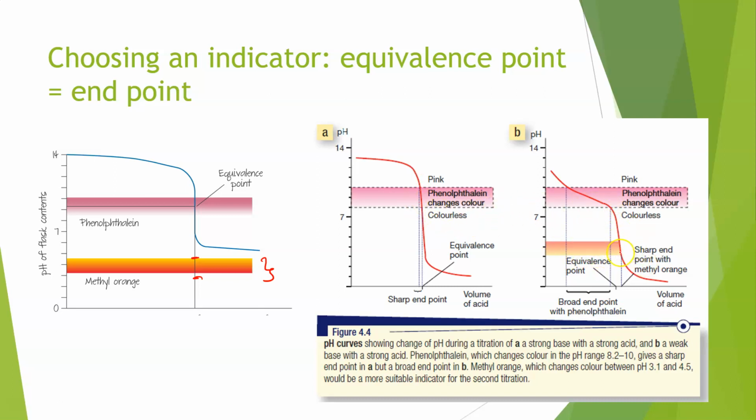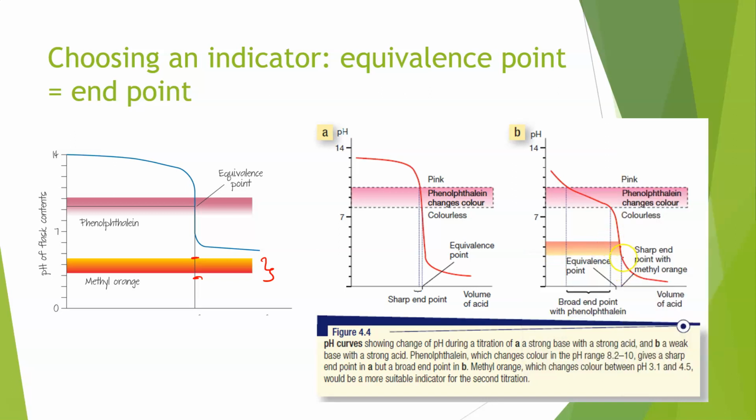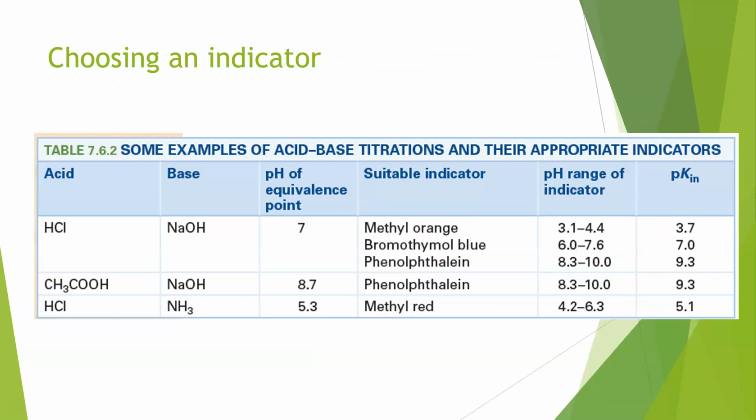But if we had an equivalence point that was down around 4.5, then we will see a sharper change in the equivalence point for methyl orange than phenolphthalein, because phenolphthalein is going to be changing over this much broader range here. So when we choose an indicator, we need to make sure that the pH range of the indicator will sit nicely at the equivalence point of the titration.